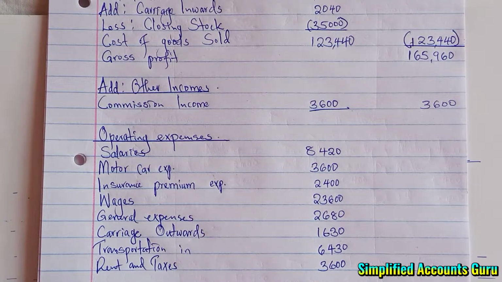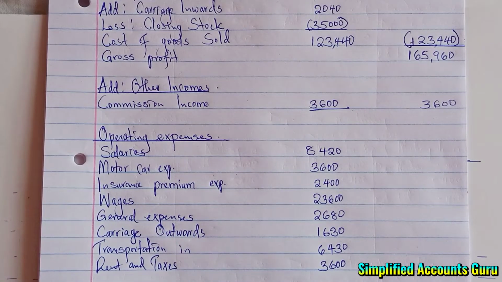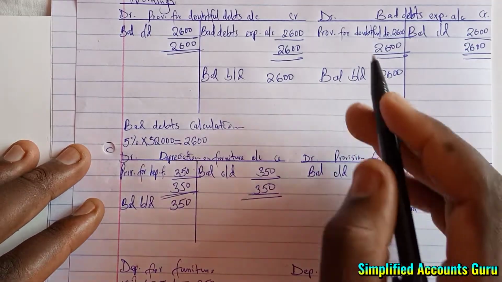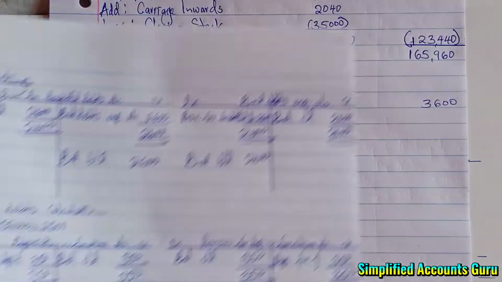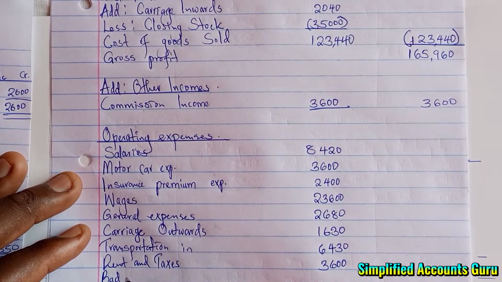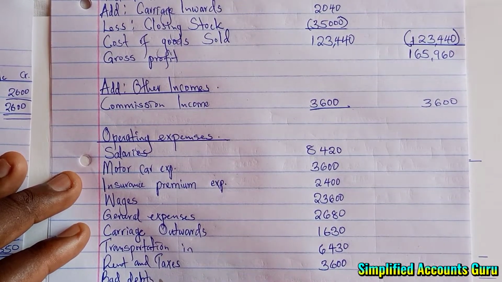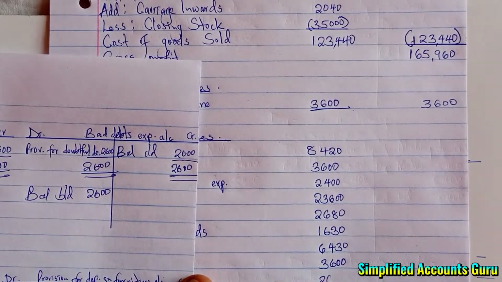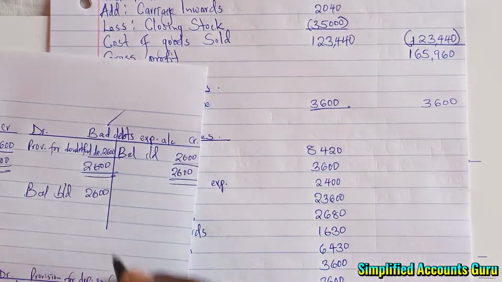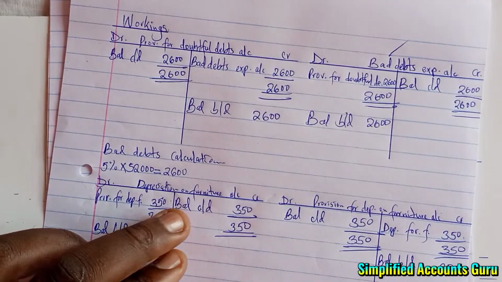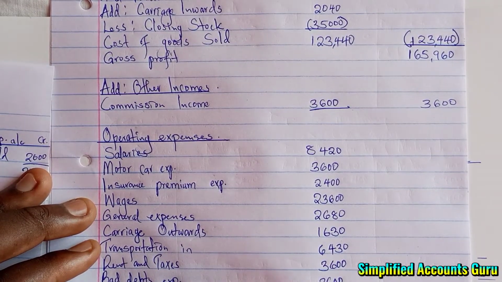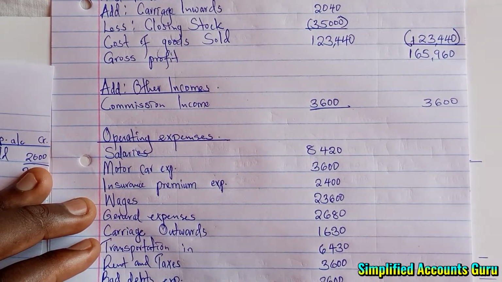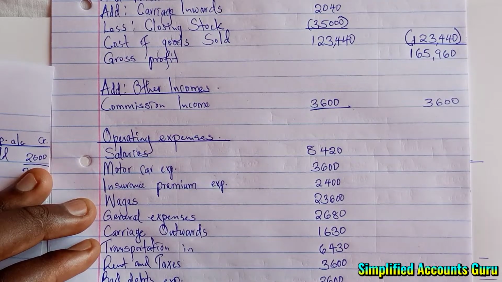Then remember, we had some that we had calculated under workings. So we had the bad debts expenses. We can capture that. Bad debts, which is 2,600, captured. Then we have depreciation on furniture expense.